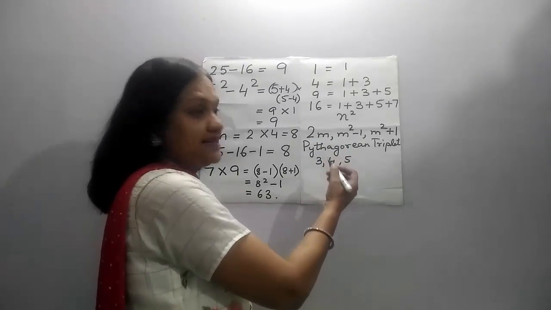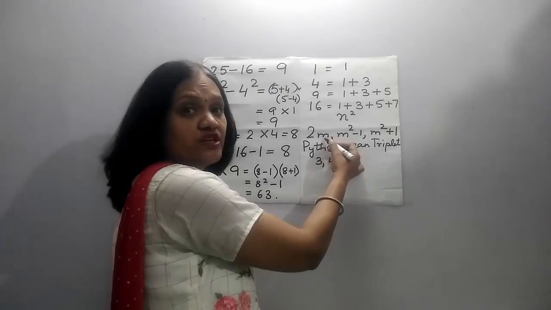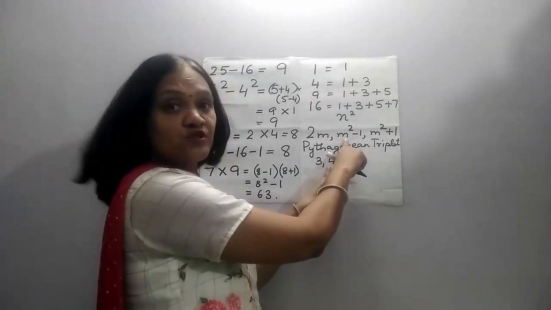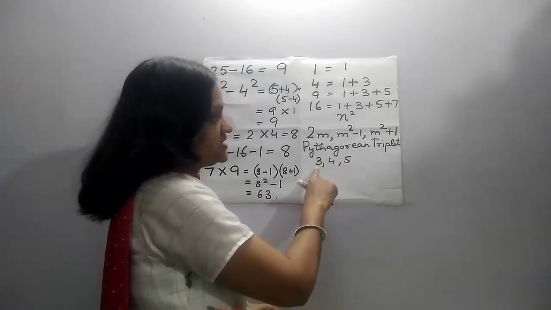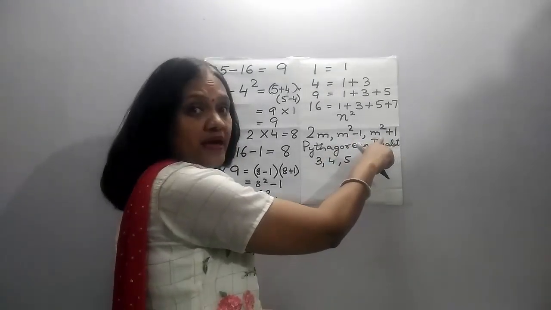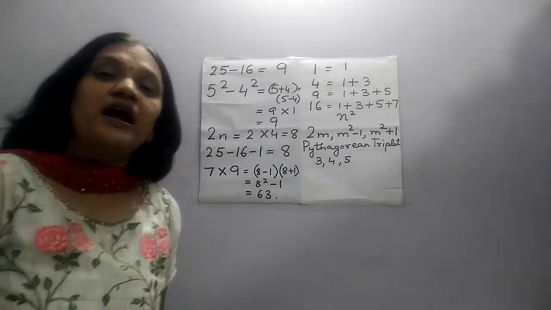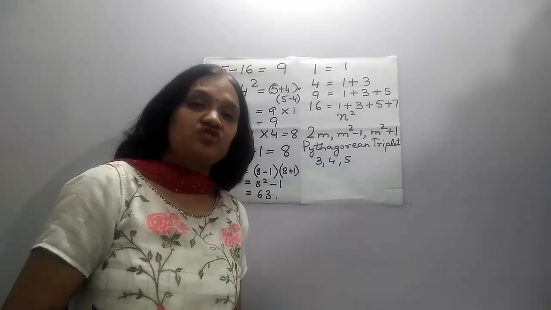So if I take m as 2, I get 2 into 2, which is 4. m square minus 1, 2 square minus 1, which is 3, and 2 square plus 1, which is 5. 3, 4 and 5 are a Pythagorean triplet.